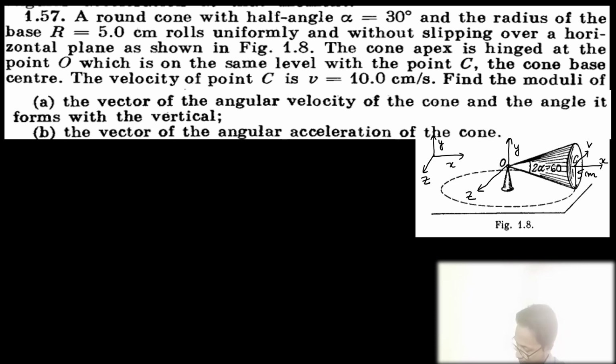Let me erase the axes from here. Find the modulus and the vector of angular velocity of the cone and the angle it forms with the vertical.